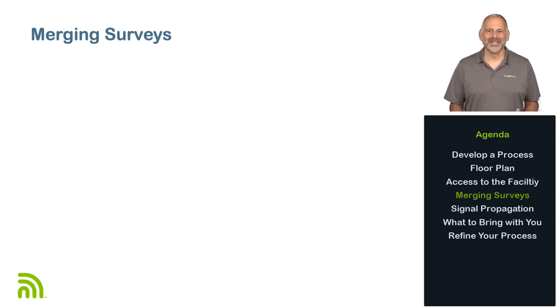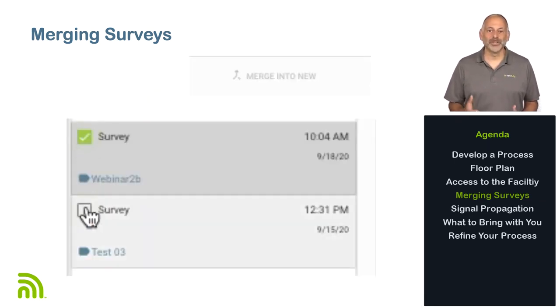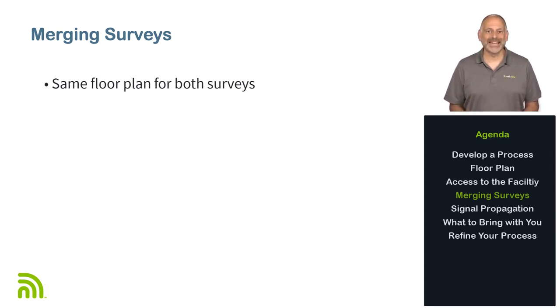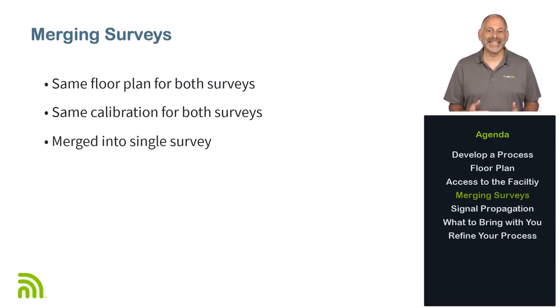The good news is, within Link Live, you're able to merge surveys together. You may find that after you finish the majority of the survey, you're able to come back another day and get access to those areas you couldn't access the first time. If the same floor plan and calibration is used for both surveys, you can merge them together into a single survey.